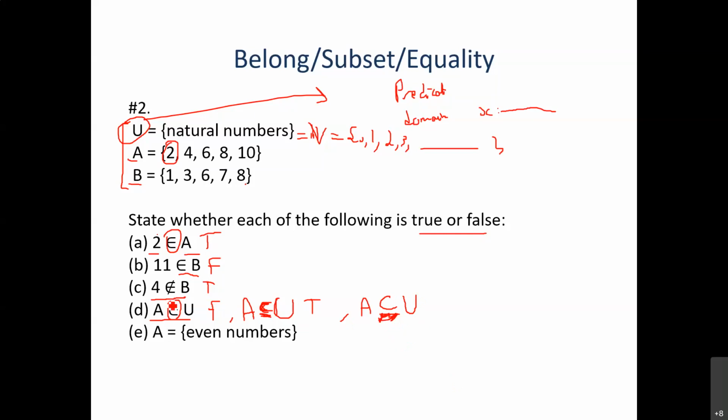So I said that A does not belong to U, but is it possible that the set A belongs to some other set? Yes, that's fine. Let's say I want to create a set that has some other sets.